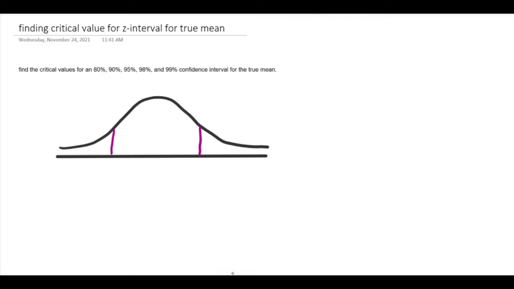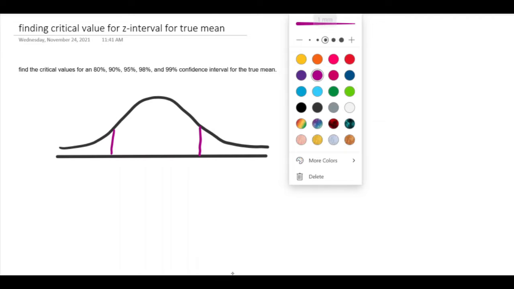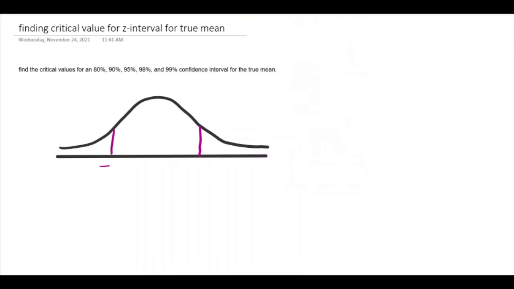These are our critical values that are locking in our 80%, which is our level of confidence area. This is going to be our negative z, and this is going to be our positive z-score.